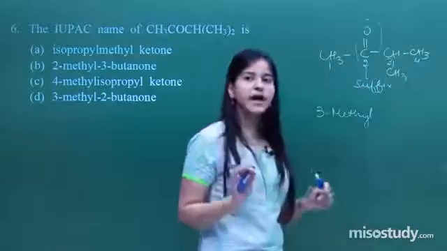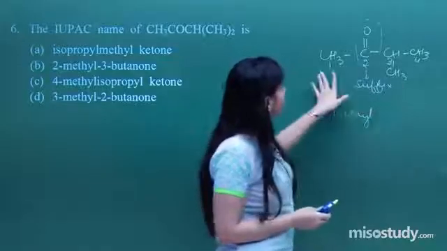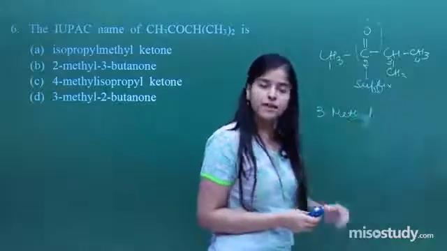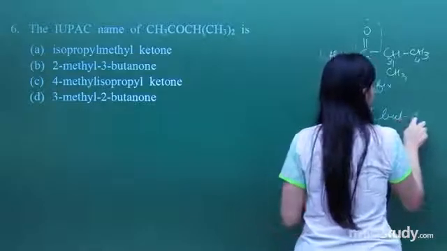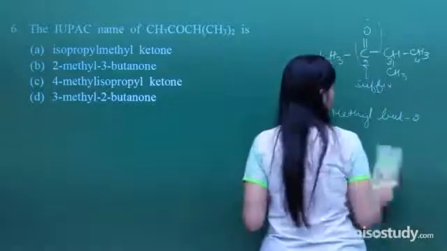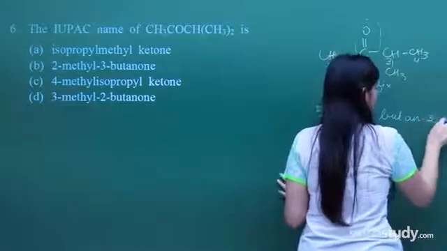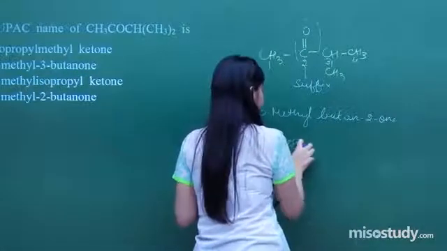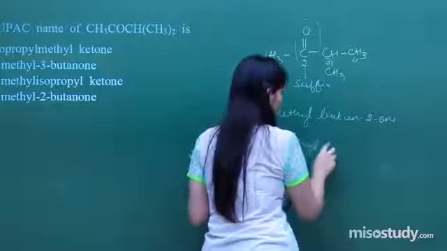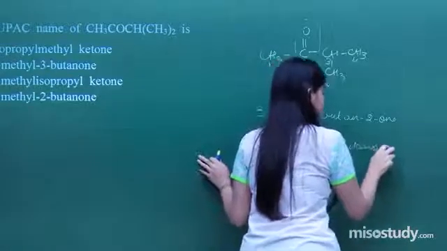So you need to have proper clarity about the concept. So 3-methyl, it would be 4, that means butane-2-one, or it could have been 3-methyl-2-butanone. This is also correct.